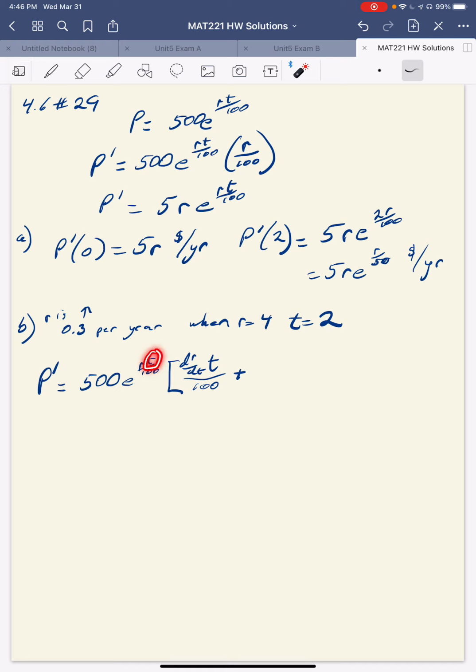And the derivative of the second term with respect to t is just 1. So we end up with R over 100 over here.